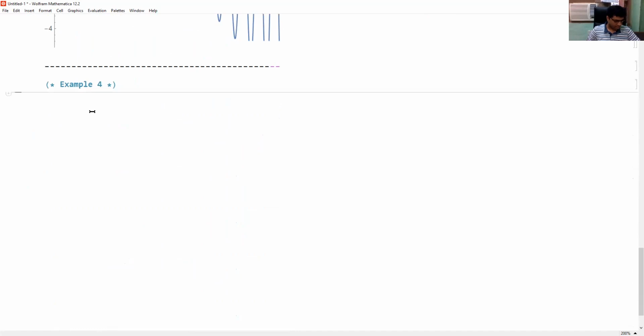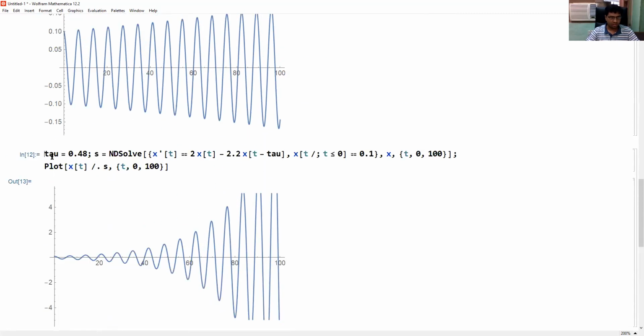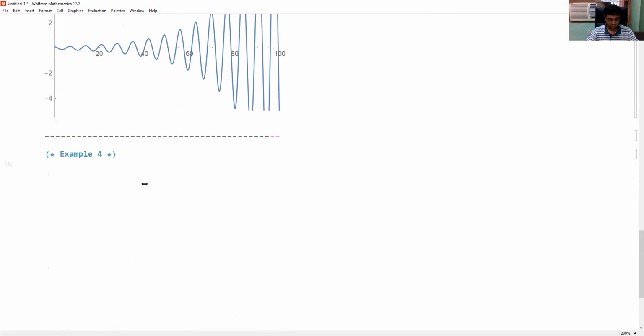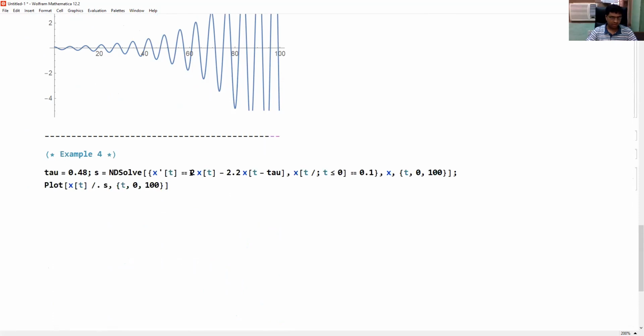Example 4 is the nonlinear system x dot equal to x of t into 1 minus x of t minus tau. And there are two equilibrium points, 0 and 1. We said that equilibrium point 0 is unstable for any tau.